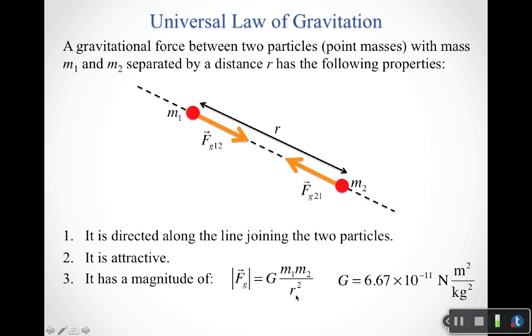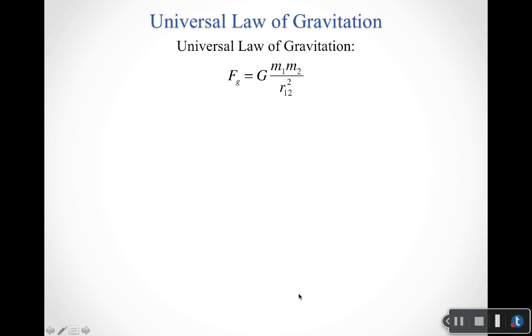You can think of this as a conversion that takes a product of masses divided by a distance squared and turns it into a force. Mass times mass gives kilograms squared, which cancels, distance squared gives meters squared, which cancels, and you're left with newtons. So what the gravitational force cares about is a product of both masses involved and the distance that separates them.